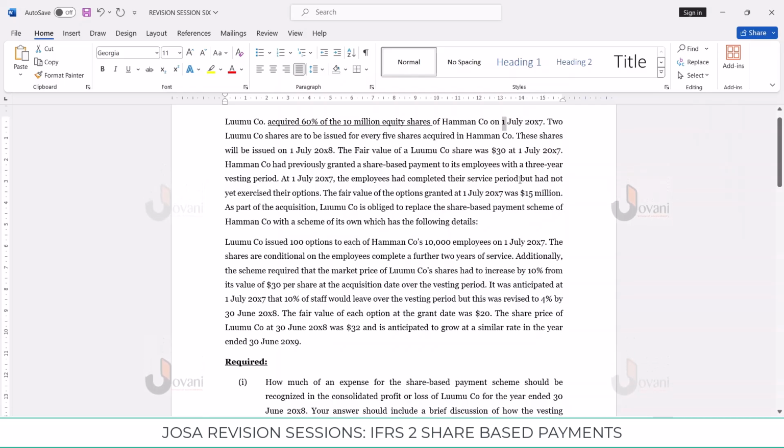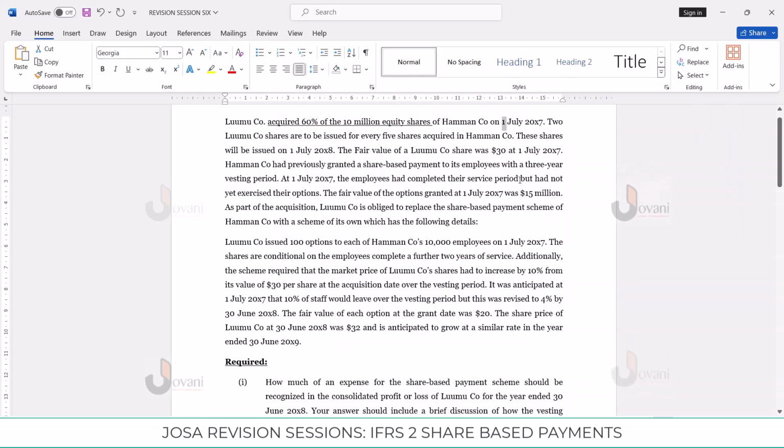These shares will be issued on 1st July 2x8. So that is after 1 year, meaning that it is a deferred consideration. Those who have already looked at group accounts, that is a deferred consideration through share for share.